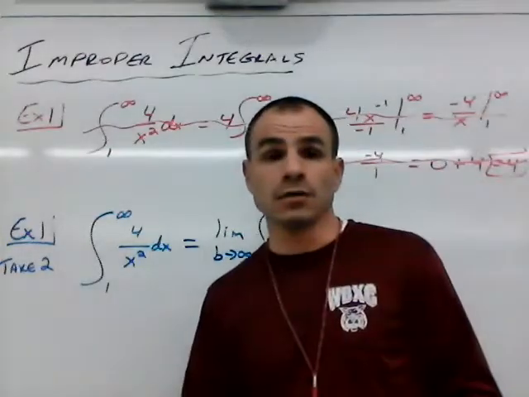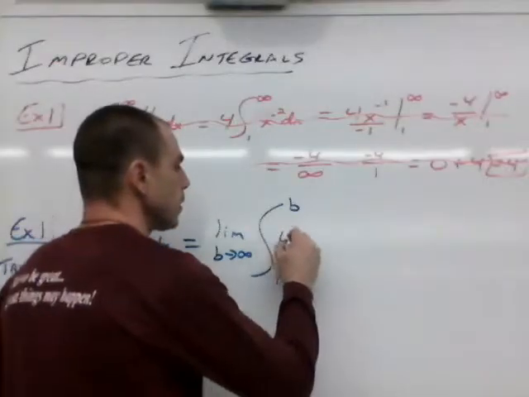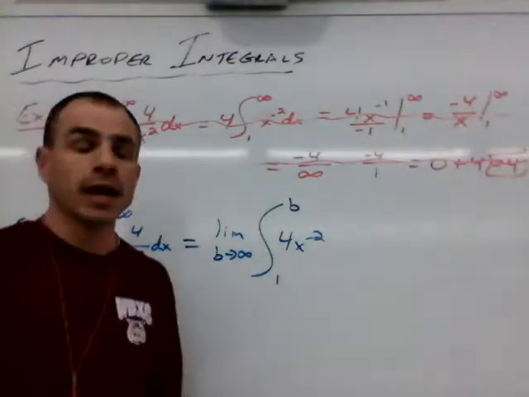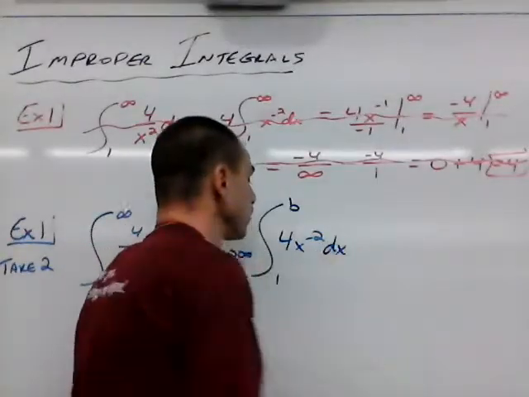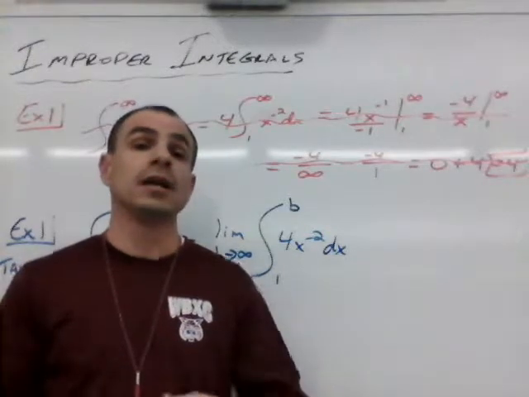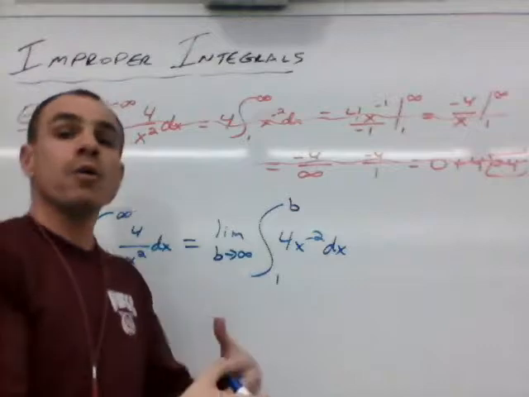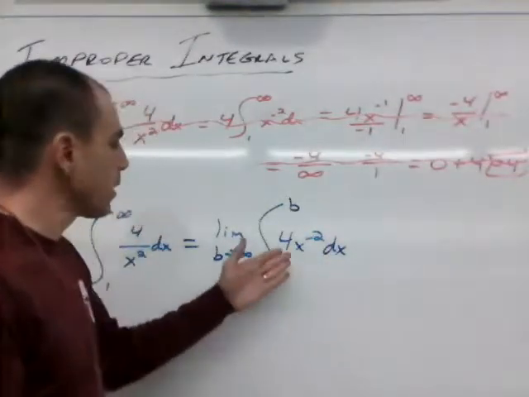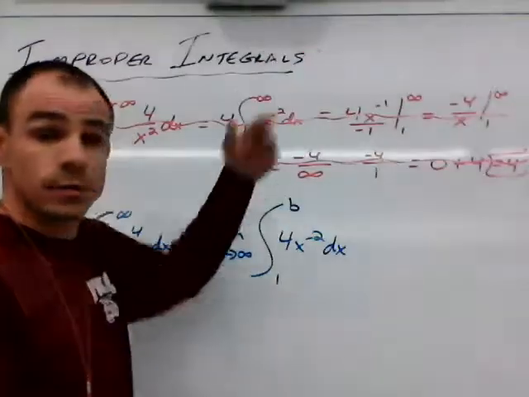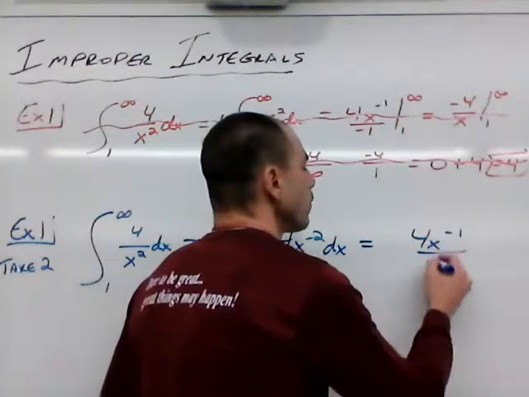It's getting larger and larger, but b is a number, so I now have a definite integral happening. I still have my 4 over x squared, which I can make 4x to the negative 2, and I still have my dx. What I've done is gone to this limit notation, and that limit notation is the correct manner in which to solve this integral. Now we can proceed as normal. The antiderivative of 4x to the negative 2 is 4x to the negative 1 over negative 1.